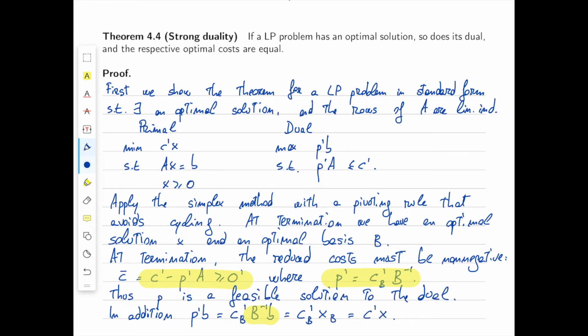Now we're in a position to use our corollary 4.2 and obtain that P is an optimal solution to the dual.